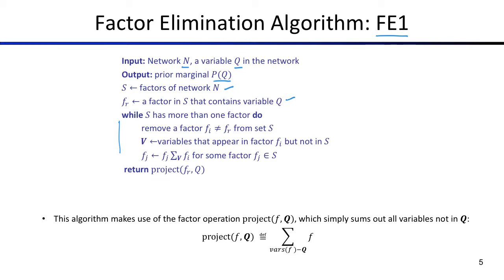So the idea is to remove one factor Fi that is not FR from the set S. So I'm going to pick one factor there that is not FR, and FR is the factor that has the variable Q. So I'm going to choose another factor that is going to be eliminated. And we're going to call V the variables that appear only in the factor Fi, but they do not appear in any other factor that is in S. So these variables in V are exclusive to Fi.